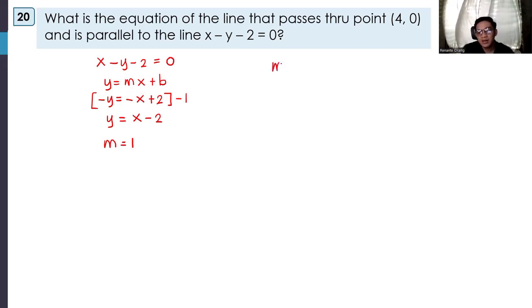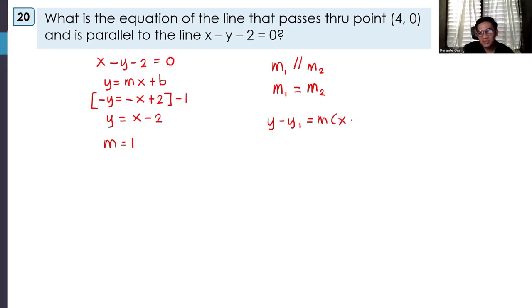So take note, the relationship between two slopes na parallel is that yung ating slope 1 is equivalent sa ating slope 2. So we will be using this formula. We have y minus y sub 1 is equivalent to m multiplied by x minus x sub 1. So substitute natin y minus y sub 1 po natin dito is eto, 0.